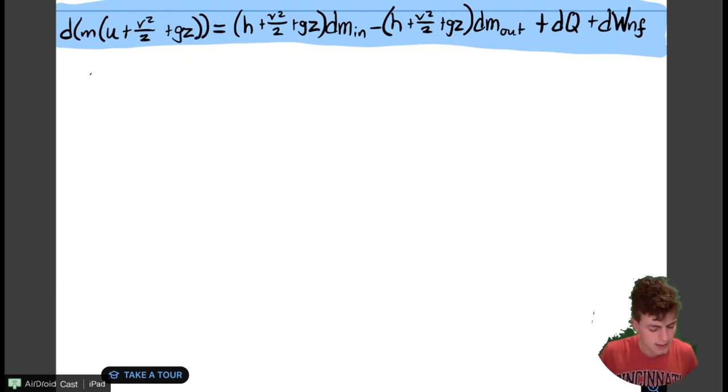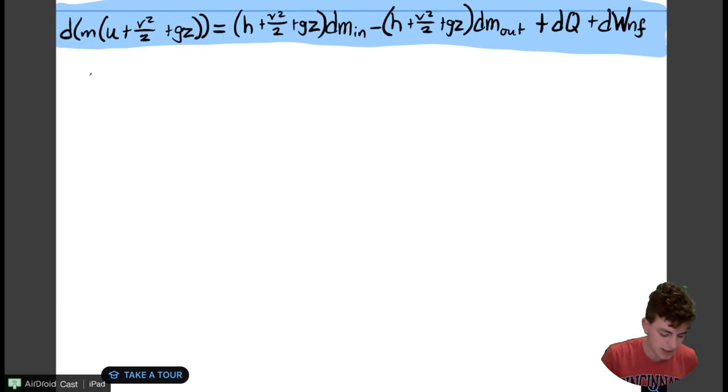And to do this, there are going to be a couple of assumptions that we're going to have to make about the system. The first is that it will be some sort of steady state system, or that there will be some sort of equivalence between the mass going into the system and the mass exiting the system. What this means is that the change in mass will be zero.